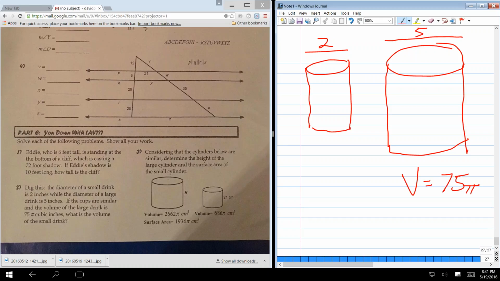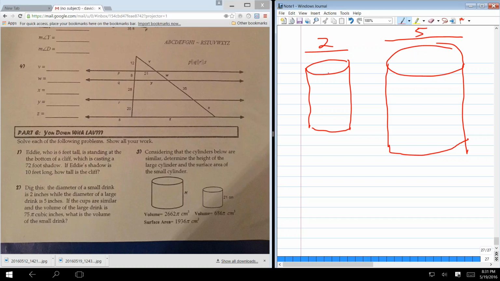Now, you have to kind of go back to the section in geometry where you were studying linear relationships, area relationships, and volume relationships. Let's talk about that for a moment. You might be inclined to say 2 is to 5 as the area of that is to the area of that, right? That's not true.